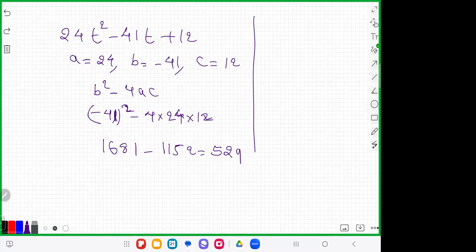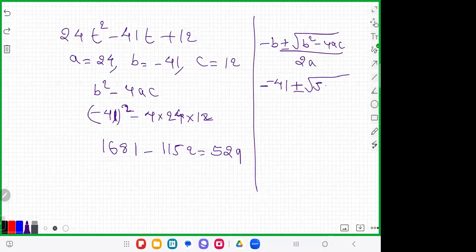So taking minus b plus or minus root of b square minus 4ac all divided by 2a: minus b is 41, plus or minus root of 529, all divided by 2 into 24. Negative into negative becomes positive, so it is 41 plus or minus 23 divided by 48.